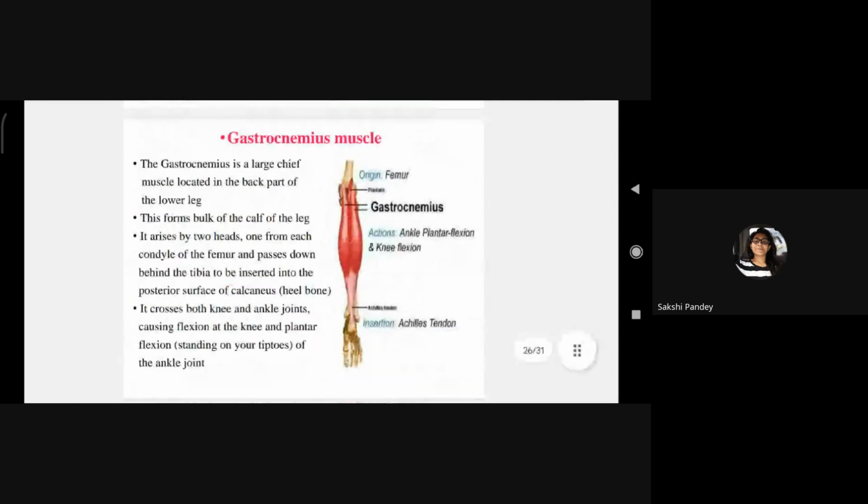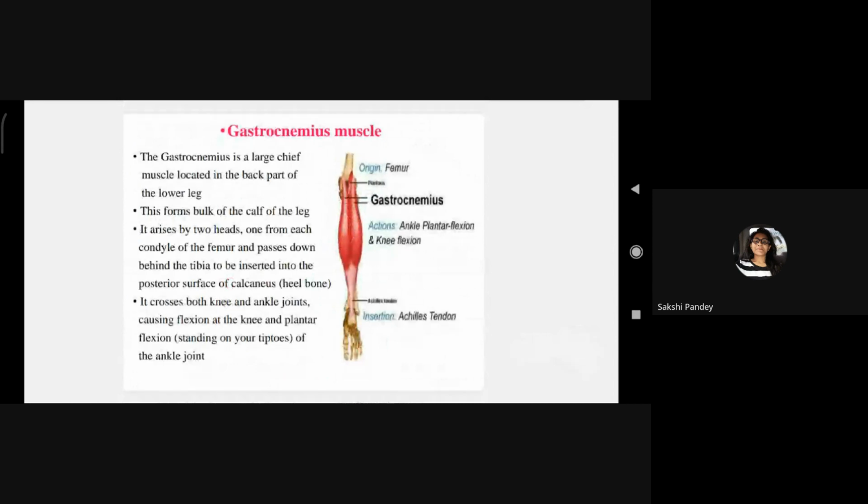Next is gastrocnemius muscle. Gastrocnemius muscle is a large muscle located in back part of lower leg. You can feel it is very prominent, and you can see this muscle is too much prominent in athletes or football players.